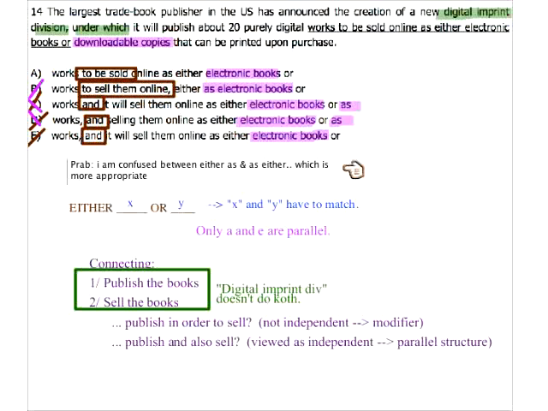I might recap again why we ruled out and. Yeah, it's a theme we've been talking about in this lesson. And would imply separate tasks. And would imply that these are separate, independent tasks. Publish to sell, or publish to be sold, means that this is the intention of publishing them and that they're not independent.